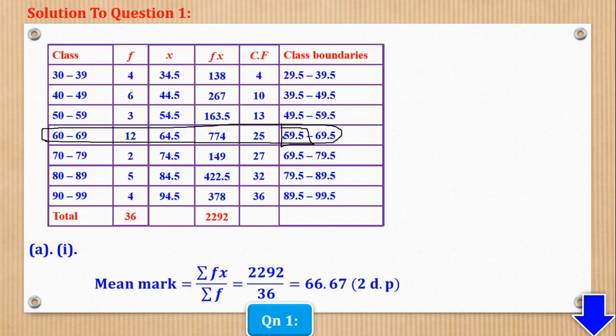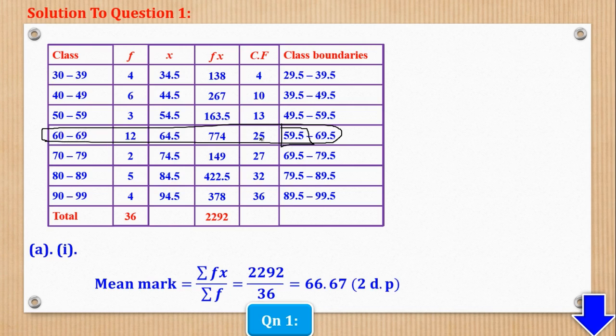Then the class width will be the difference between the two class boundaries, so 69.5 minus 59.5 will be 10. Or like we said, you can also get it from the class limits by saying 69 minus 60 to come up with 9, then you remember to add 1, so plus 1 to come up with 10.